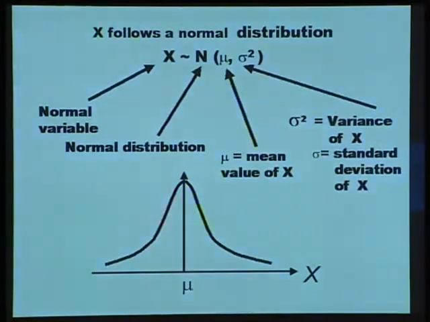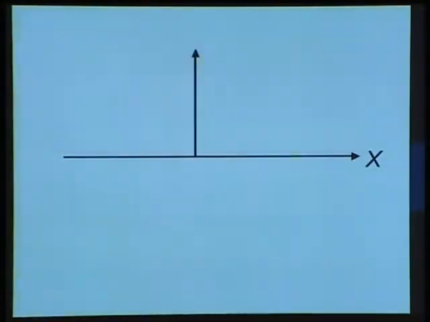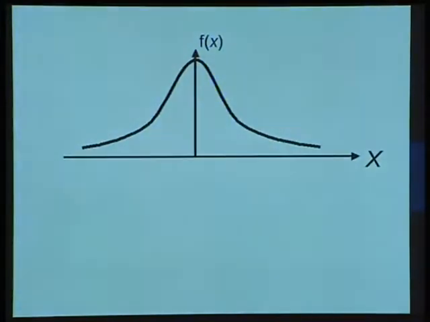Let's now review the properties of the normal variable. If x is a normal variable, and f(x) is the probability density function of x, and this is the normal curve, mu is the mean value of x, then we'll write in mathematical notation that x follows a normal with mean mu and variance sigma square.